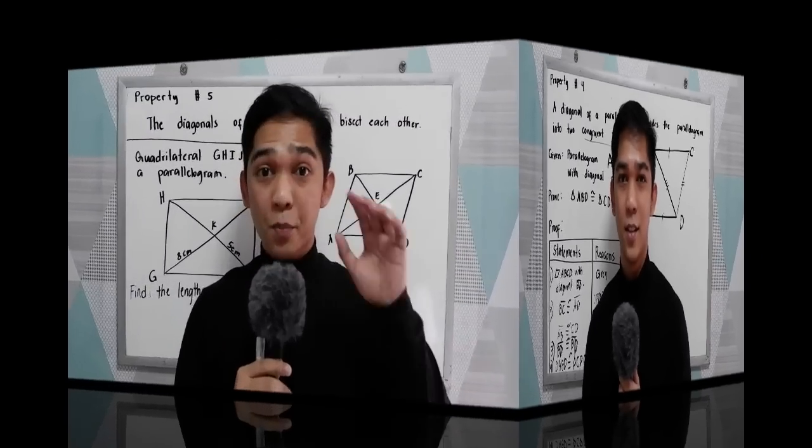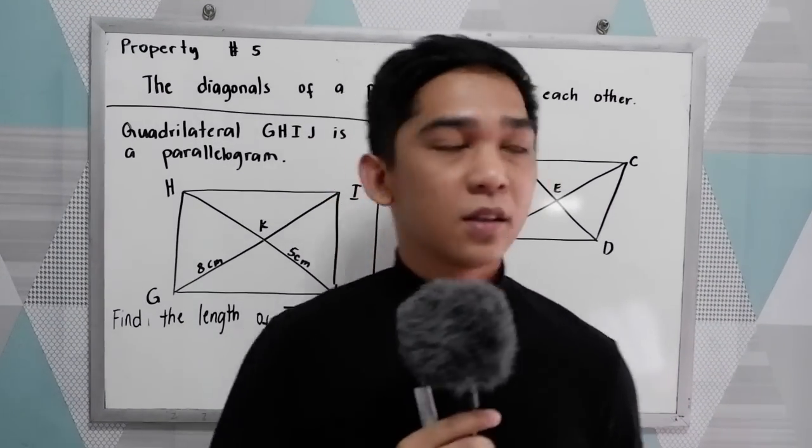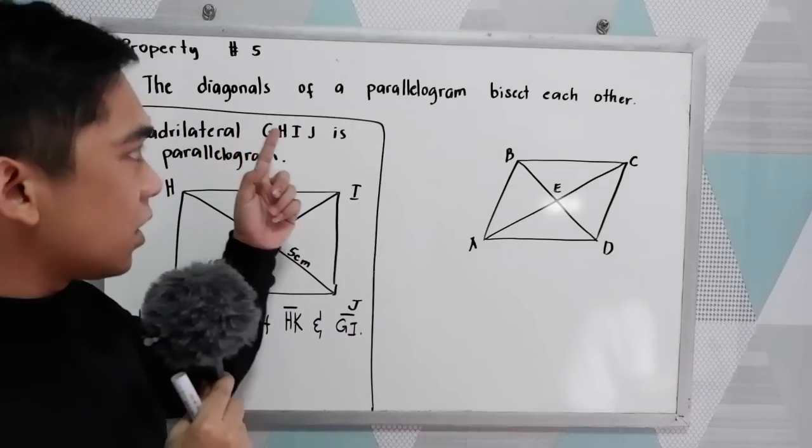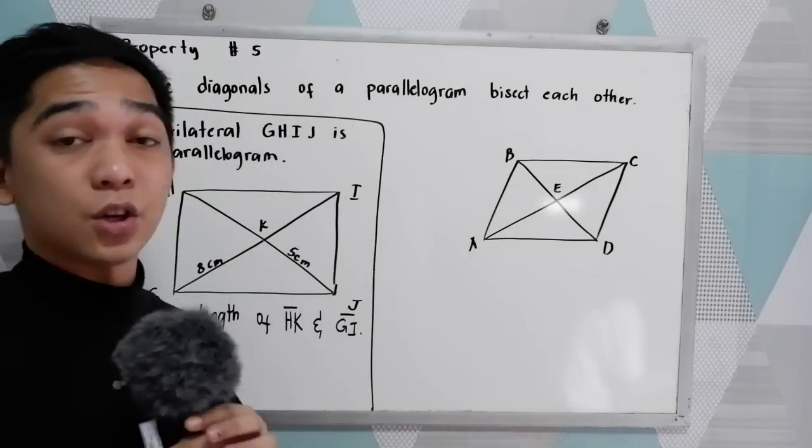Now let's have our property number 5. The diagonals of a parallelogram bisect each other.